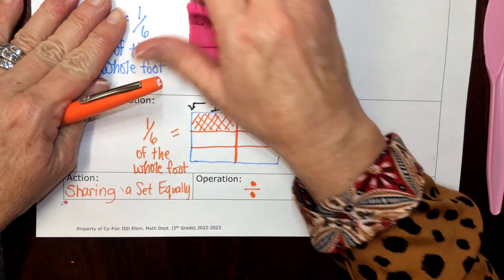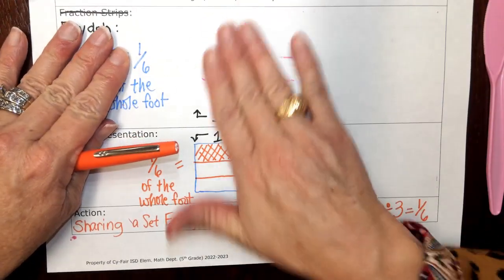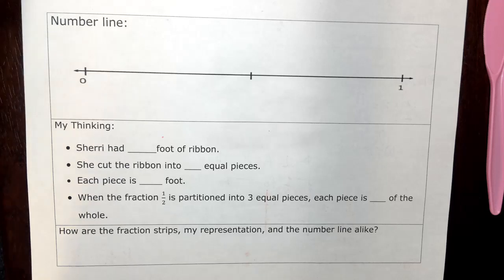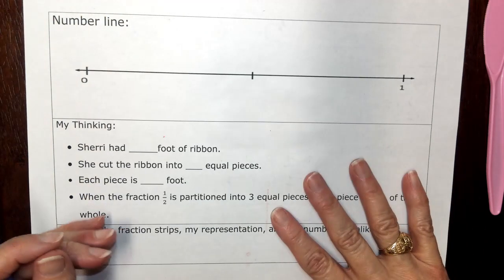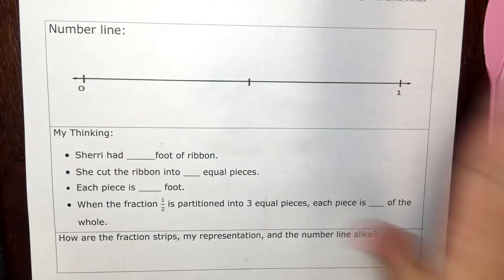All right, let's turn it over to the back. I don't even need my Play-Doh out right now. I'm just going to put it in my container, and I'm going to turn it over to the back side. Okay, our number line. I don't need Play-Doh out for this side.